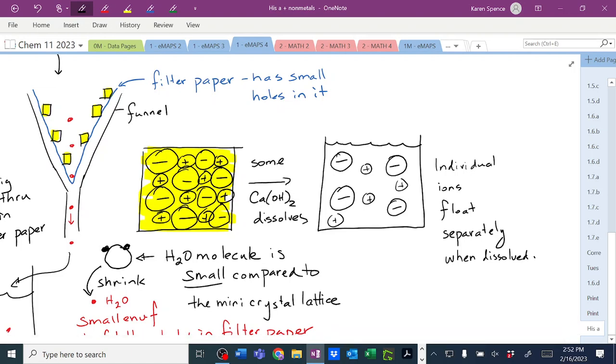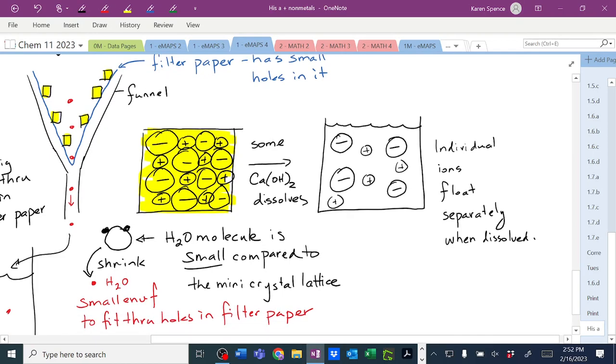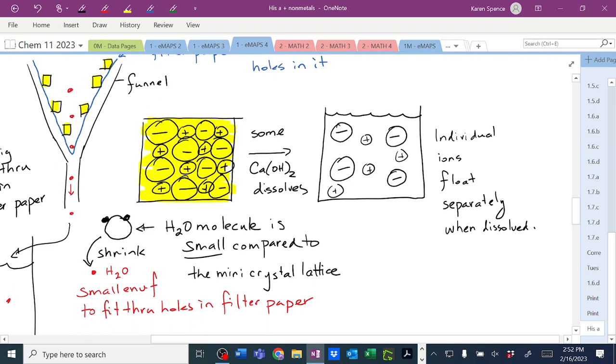Now, in order for my picture to work, I had to shrink my mini crystal lattice into a smaller little square. I had to shrink my water molecule into a little red dot. What should I do with my ions to fit them in my picture? I should also shrink them.